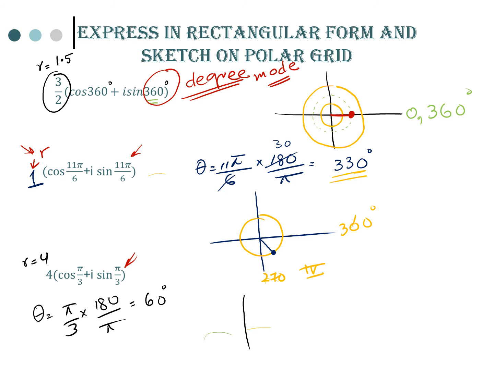Now for 60 degrees and r equal to 4, you have to sketch 4 circles, and after that pi over 3, 60 degrees, lies between 0 and 90 degrees. So 60 degrees is somewhere near 90 degrees over here, and just join it with the origin. So this is the way we sketch the graphs.